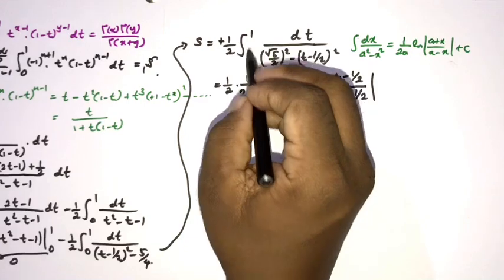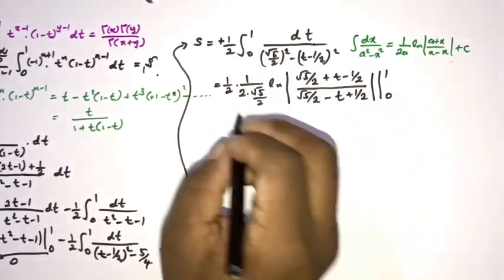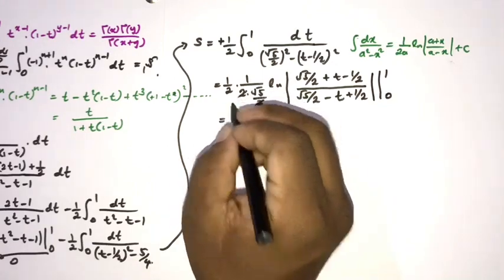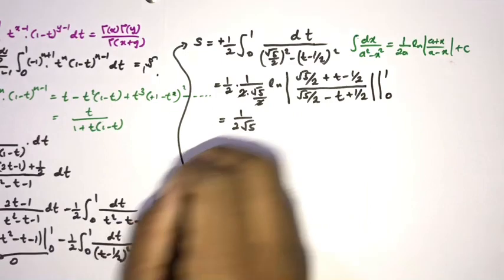Here the limit is 0 to 1. Okay, then we know these 2 get cancelled, so we have 2 times square root of pi.